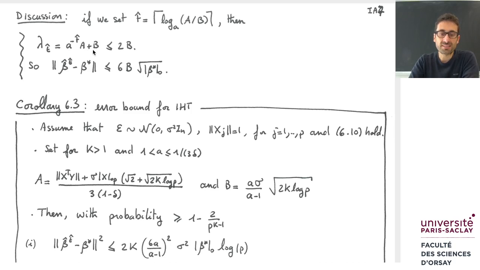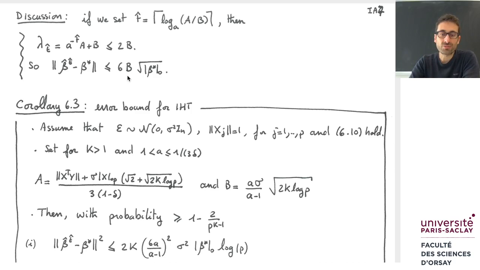So the idea is that if you choose a value t hat such that this quantity is smaller than 2b, then lambda t will be smaller than 2b, so you are almost as good as the choice t goes to infinity, but you lose a factor 2.